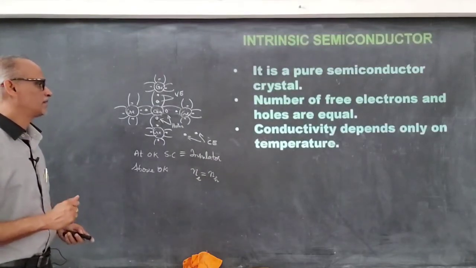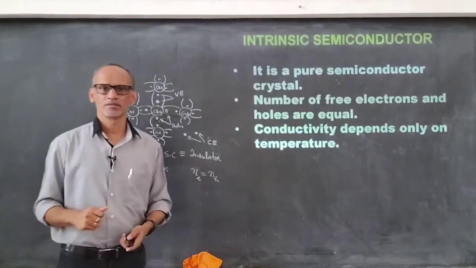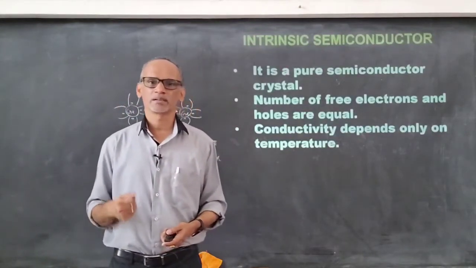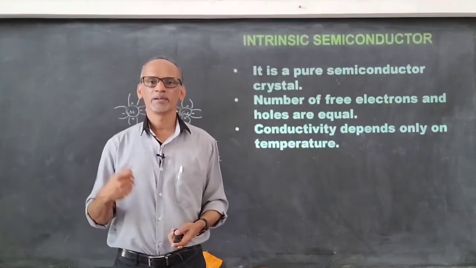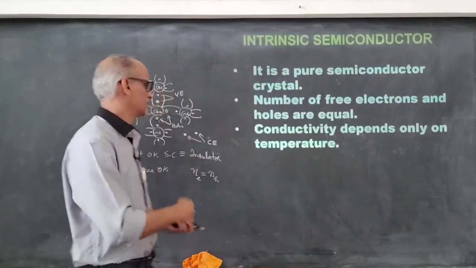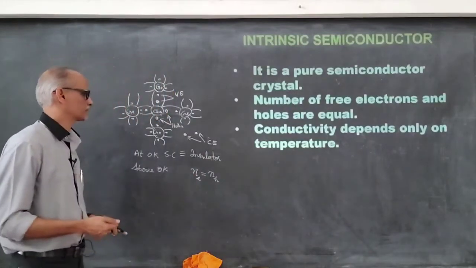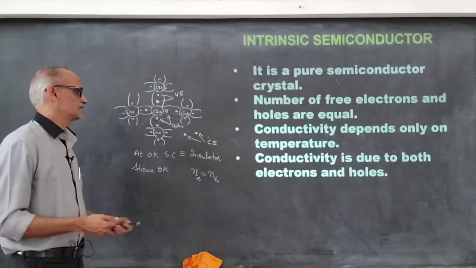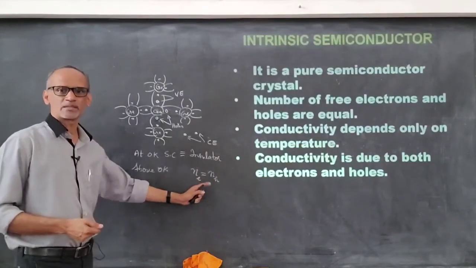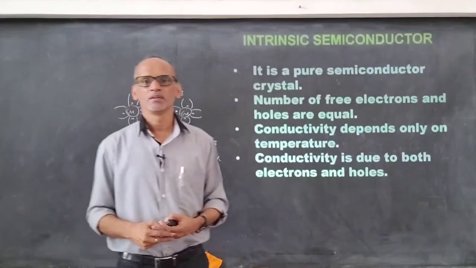The conductivity depends only on temperature. That means we can increase the conductivity of the semiconductor by increasing the temperature only, because there are other alternative methods also, which we are going to learn in the next semiconductor. Conductivity is due to both electrons and holes. Not only the electrons, but holes also contribute to the conductivity.